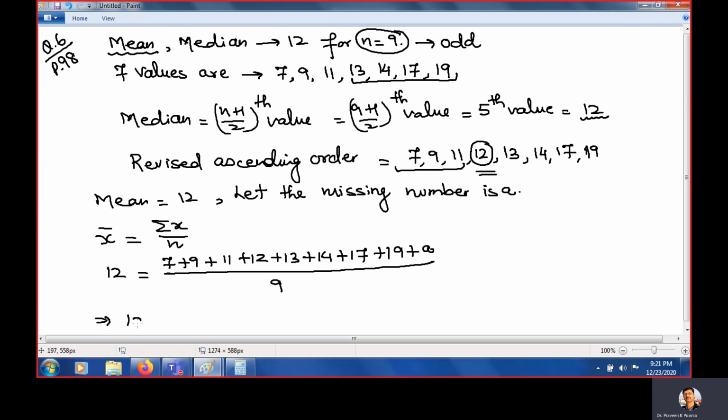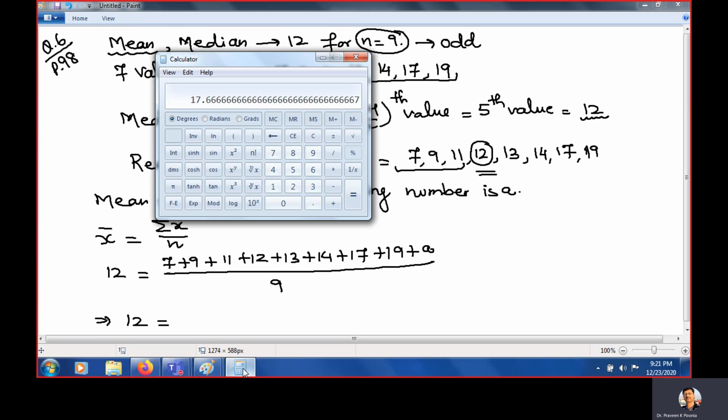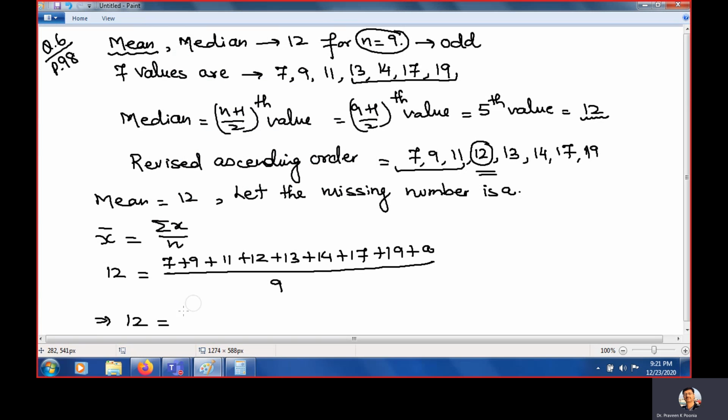If you simplify this, what you will get? 12 is equal to, now start the calculator, 7 plus 9 plus 11 plus 12 plus 13 plus 14 plus 17 plus 19. This is 102. So it is 102 plus A upon 9.